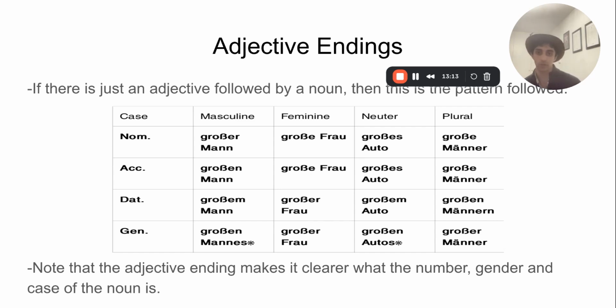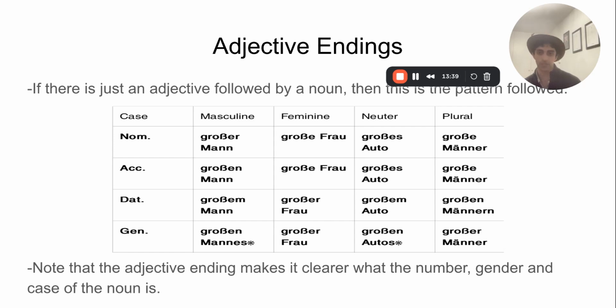For example, for the feminine and neuter genders, the nominative singular and the accusative singular pattern is exactly the same. The only difference between nominative and accusative is in the masculine singular, where it goes from großer Mann, ending in er, to großen Mann, ending in en. So these patterns can help you to memorize these kinds of tables more efficiently.